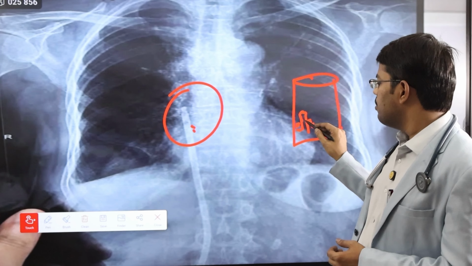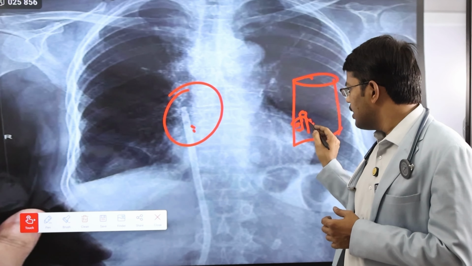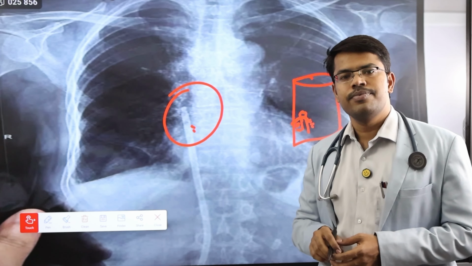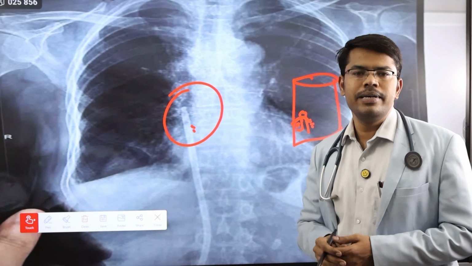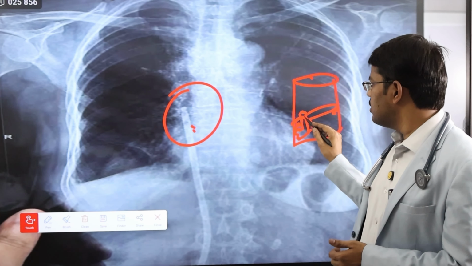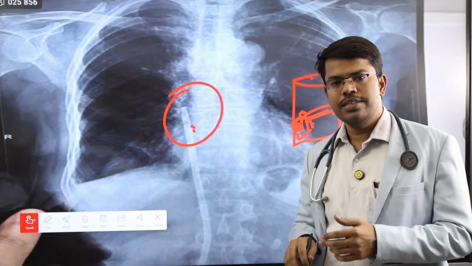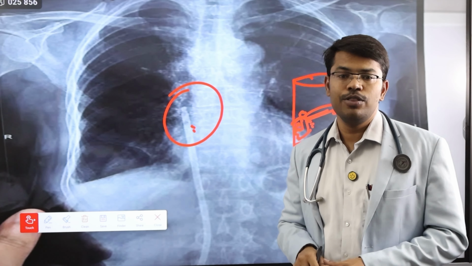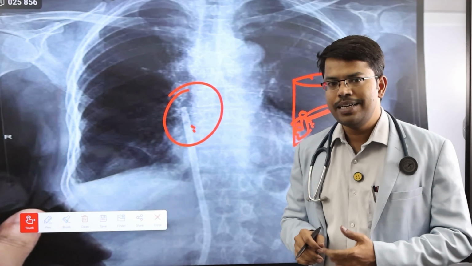So what will happen? It will keep on sticking in, coming out, sticking in, coming out. There is a probability of the vessel wall being damaged. Whenever the vessel wall is damaged, there is a chance of injury, and subsequently it leads to thrombosis. So the longevity is a bit in question.